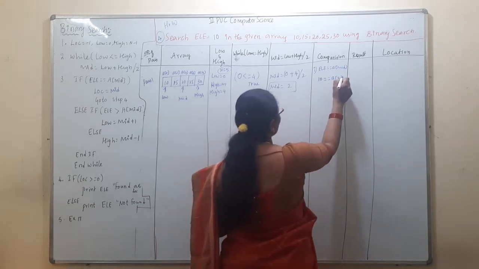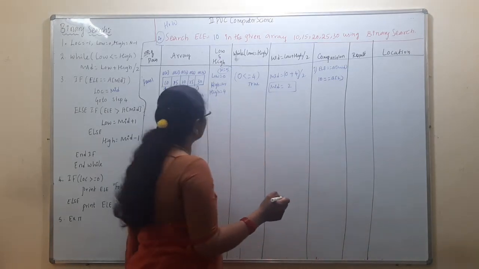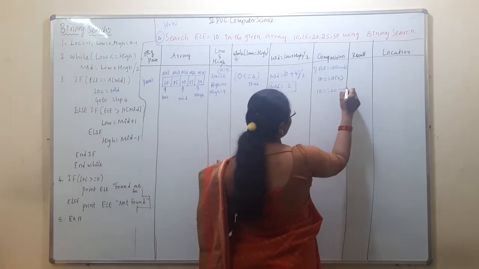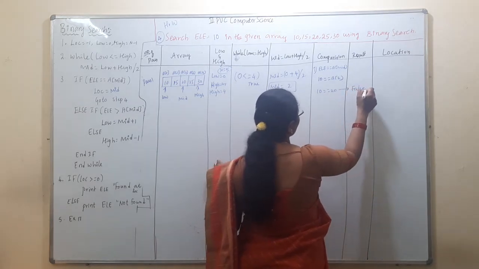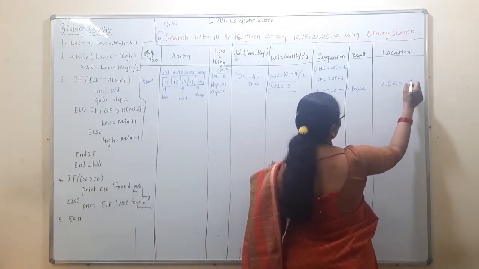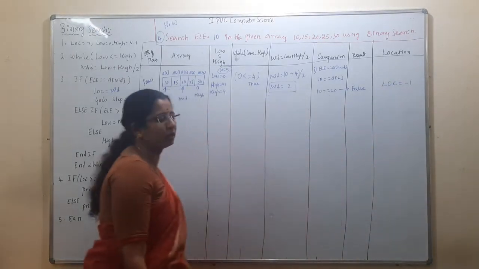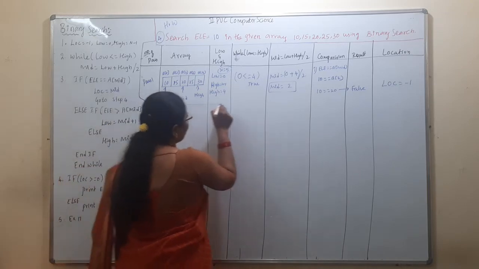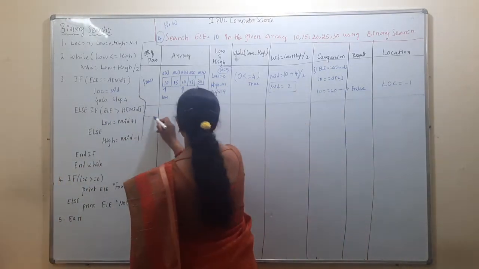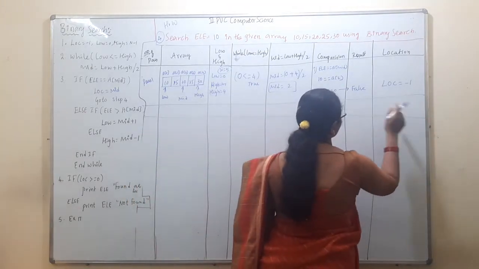Mid is what? 2. What is in A of 2, students? 20. Is 10 equal to 20? No. Condition is false. So there is no change in the location. Location remains minus 1. So we completed the first comparison, but the element is not found in the list.